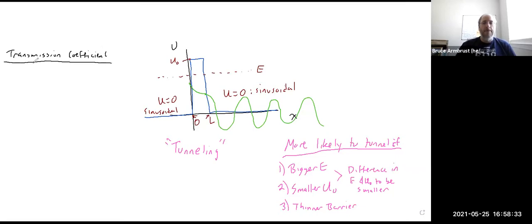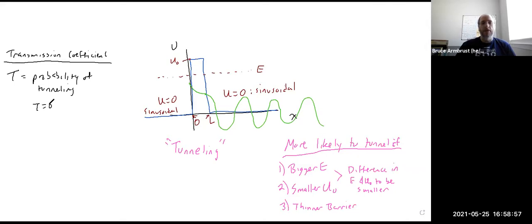We use the letter big T for it. And before I give you the formula, let me just tell you that this is the probability of tunneling. So what's the probability of making it through?